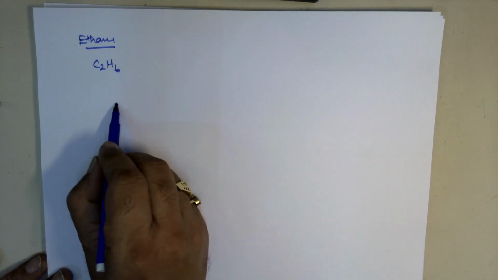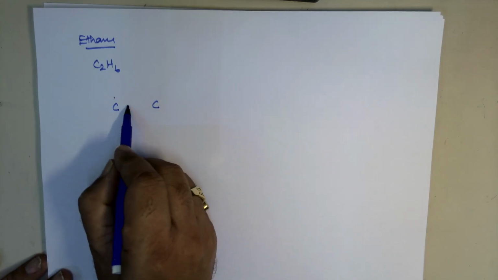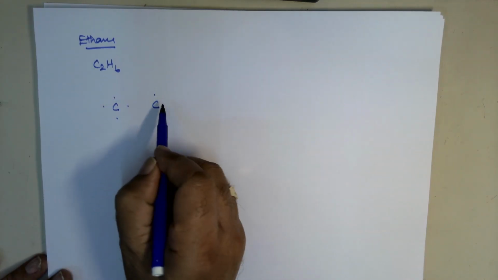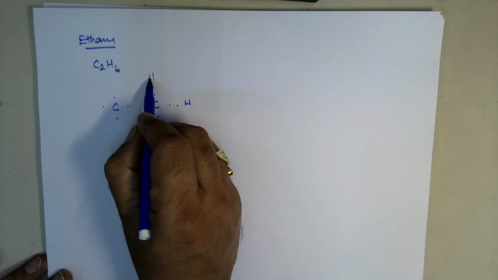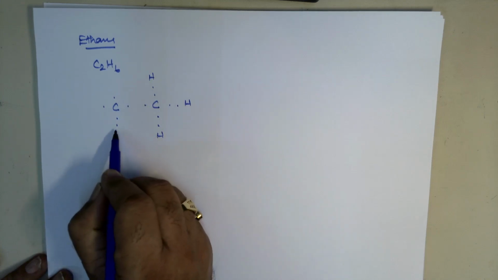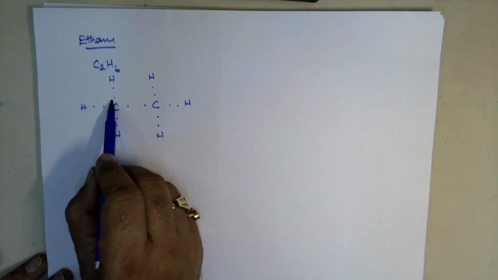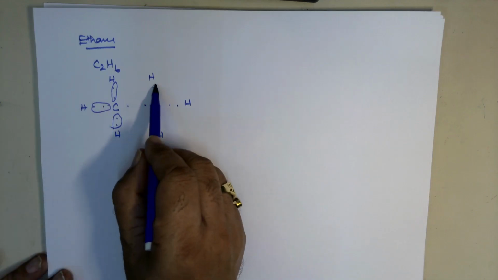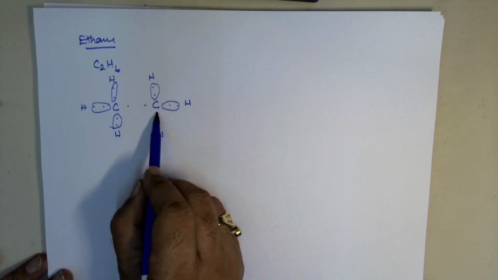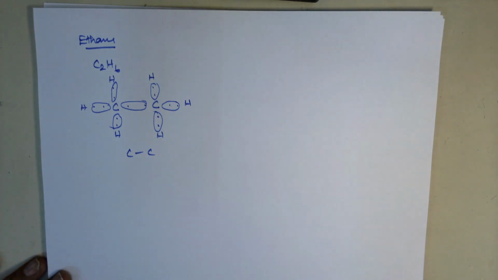So we have C and another C, each with 4 valencies, and each hydrogen has 1. Now there are three CH bonds on each carbon, and that results in a CC single bond.